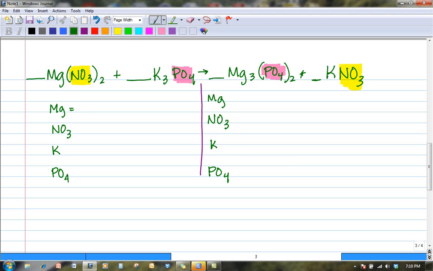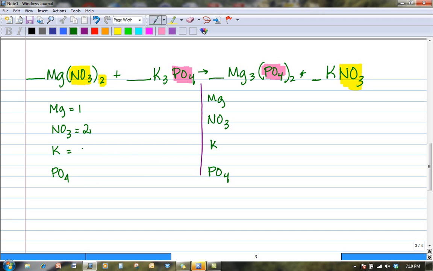On the reactant side, I have 1 magnesium. I have 2 nitrates.